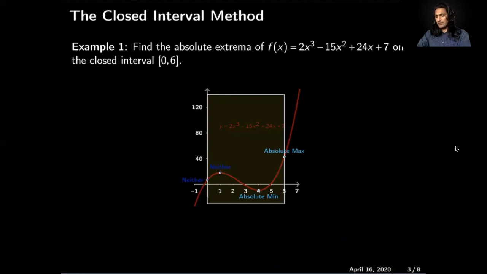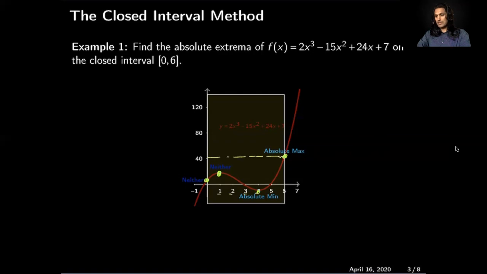There are two critical values within the interval, where the tangent line is horizontal. And the endpoints are also critical values, because the derivative normally doesn't exist at the endpoint. So we also include these as critical values. And then we check what is the highest y value.